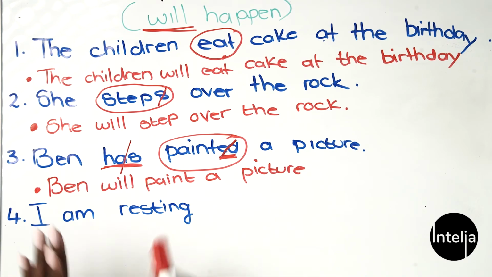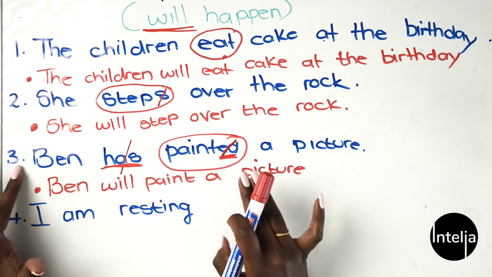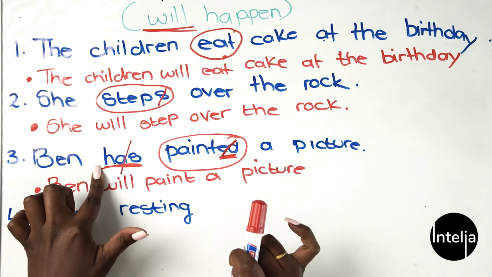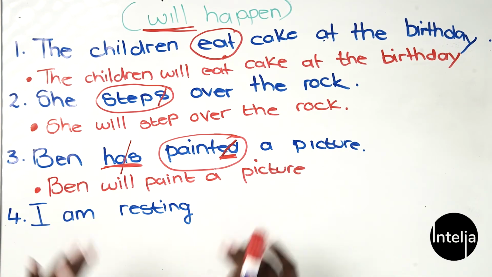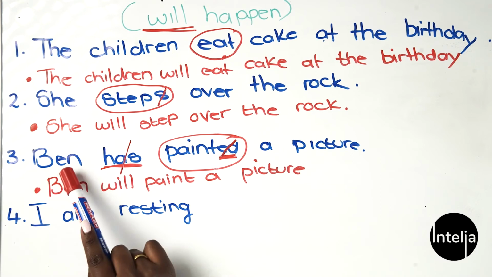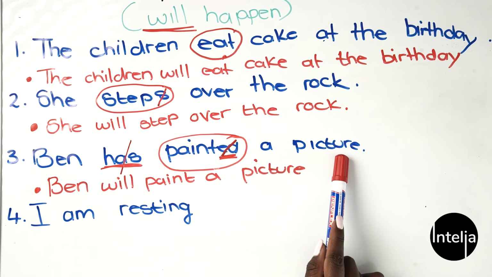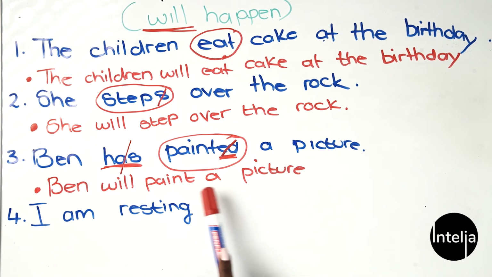So we took out all the things that made the sentence past tense, which was has and painted, and we turned it into future. So our sentence was Ben has painted a picture, and it became Ben will paint a picture. You guys are doing awesome. We only have one more left.